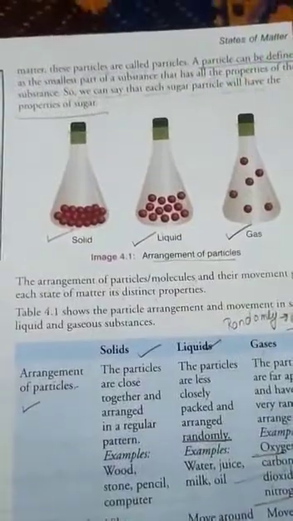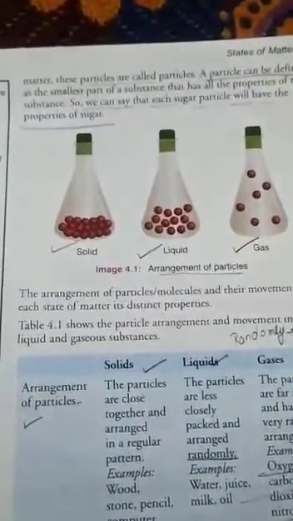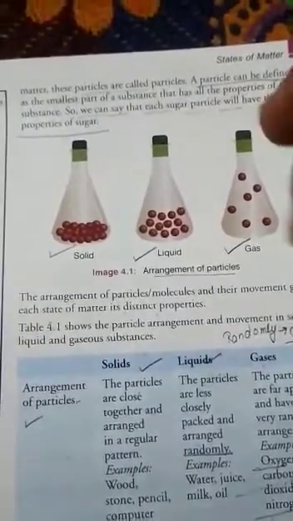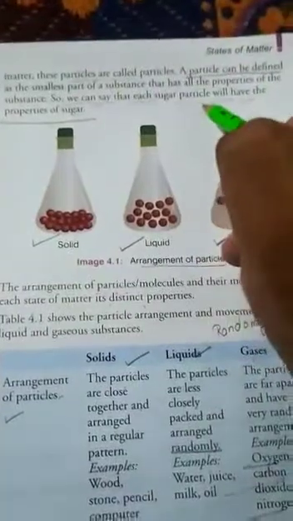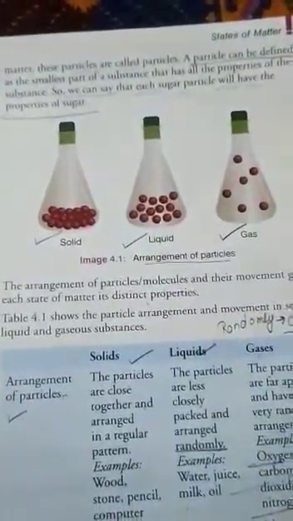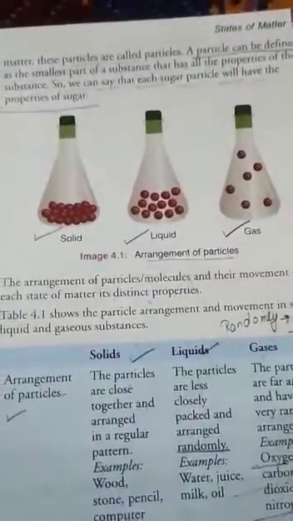If the pencil is made of graphite, the graphite has the same properties as the pencil. Each sugar particle will have the properties of sugar. If we have sugar, then each particle of the sugar has the same properties as the sugar.